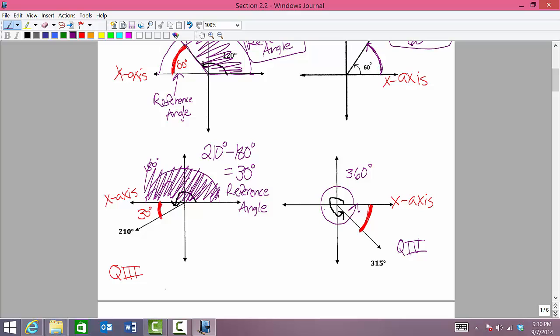Well, I don't want a complete rotation. I actually want to get rid of all of this, because this is not part of my reference angle. Well, if I take off everything except for my reference angle here in red, that's actually subtracting off 315 degrees. So we get 45 degrees left over. So right here, this leftover portion in red is 45 degrees. And this would be called our reference angle.